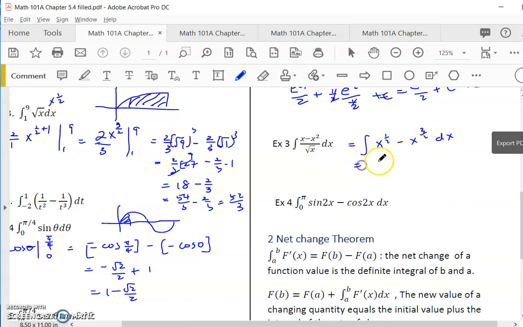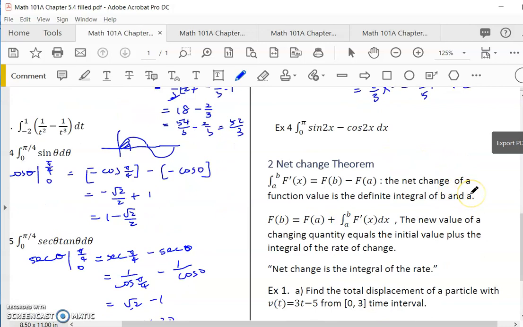And then we just apply the power rule. X to the 1/2, plus 1 is 3 over 2. So I say 2 over 3 x to the 3 over 2, minus x to the 3 over 2 plus 1 is 5 over 2. So I say 2 over 5 x to the 5 over 2, and then plus c, and that's the answer.